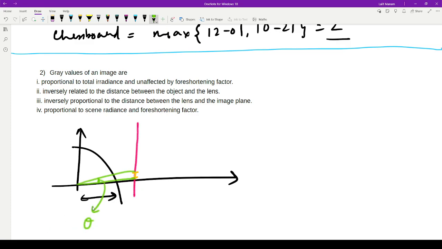So this is some theta naught that you actually observe. But now if you move this object vertically, and probably it reaches somewhere here, what would be the projected angle?